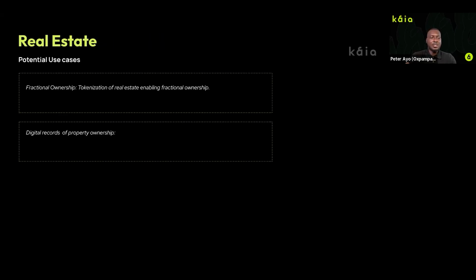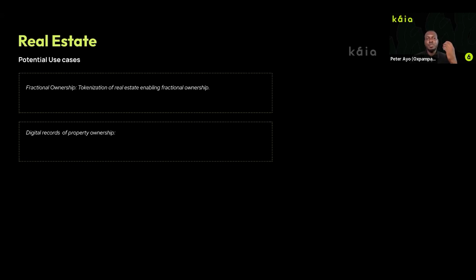Also, we have real estate. I think one of the prevalent issues in the traditional world is trying to prove ownership or title, that you're the owner of this land. And imagine recording the title or ownership of a particular land on the blockchain.